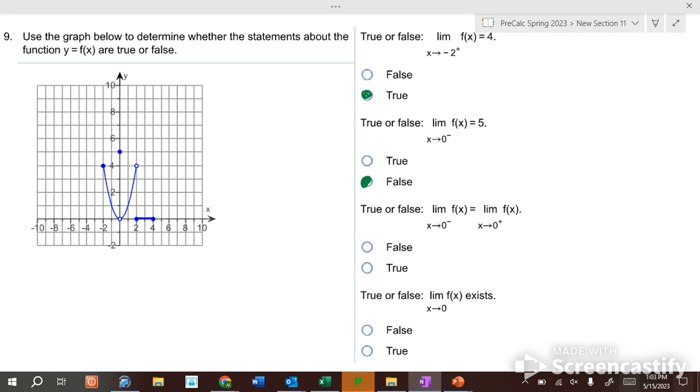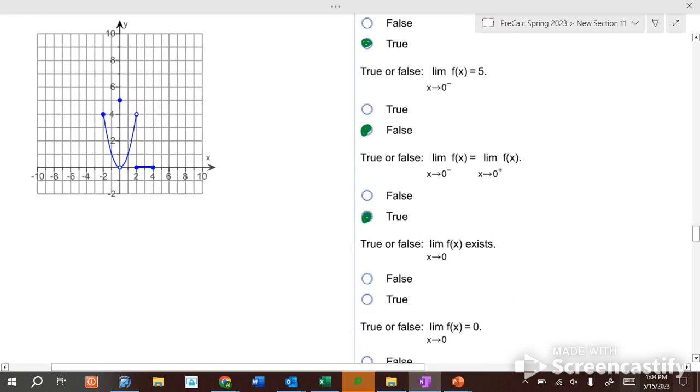The limit of the function at 0 is 0. Is the limit as we're approaching from the left to 0 and from the right the same limit? Yes, because they're both 0. Does the limit exist at 0? Yes, because it comes both ways from the same.